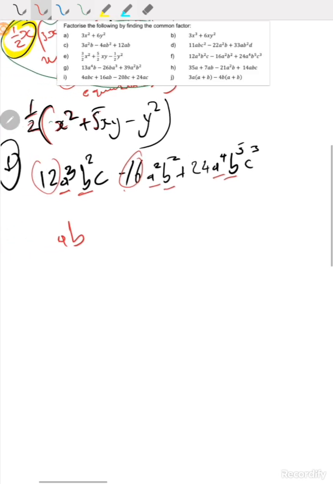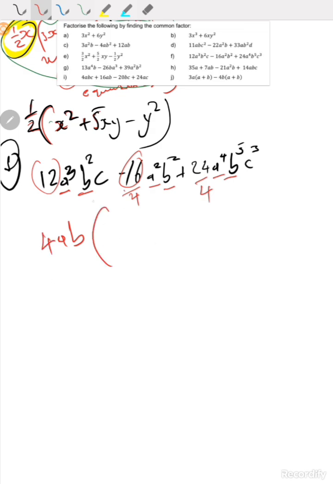Yeah, it's 4, meaning that 4 goes into 16 4 times, and 4 goes into 24 about 6 times, if not mistaken. And 4 goes into 12 about 3 times, meaning that we have 4ab as a common factor.